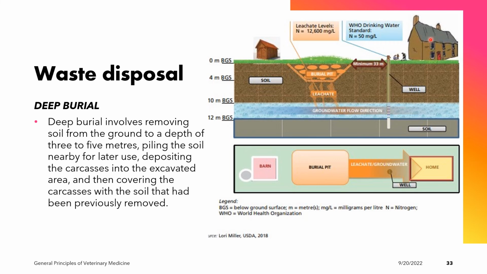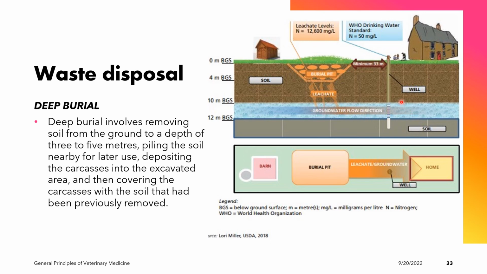So this is a residential area, and some of the people take their water from the wells. The wells could be contaminated with the leachate that could possibly contain viruses and other pathogens coming from the burial pit. So this could contaminate the groundwater.